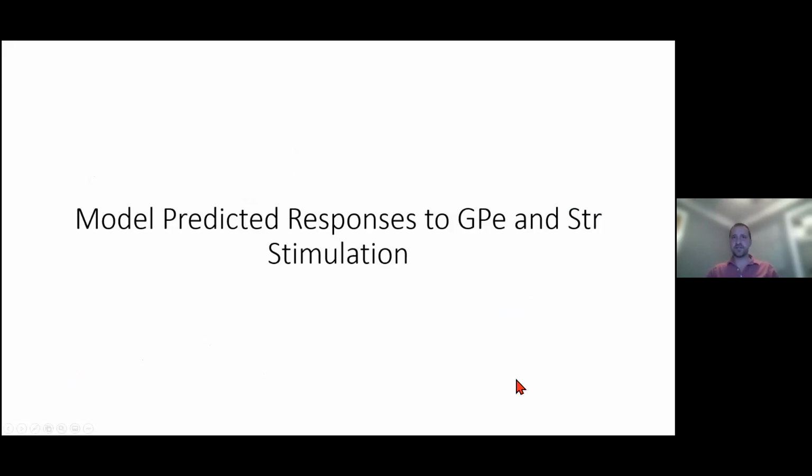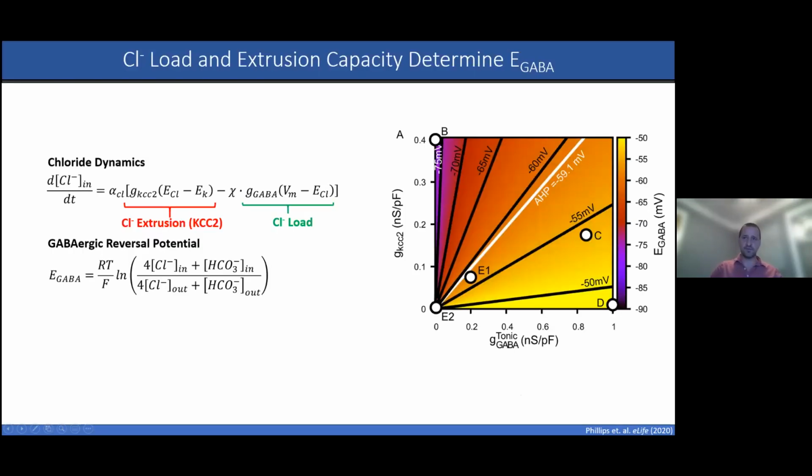All right, so predictions of the model to GPE and striatal stimulation. To get into this, first think about the chloride dynamics. Again, as we talked about before, the GABAergic reversal potential will be set by the balance of the chloride influx and the rate of chloride extrusion. So on the x-axis in this 2D plot, we have the tonic chloride load into the soma, and we have the extrusion capacity.